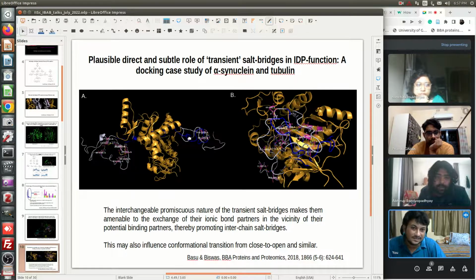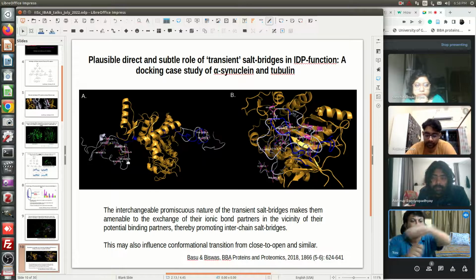Interestingly enough, this region itself does not harbor any charged residues. The charged residues are on the terminal domains, and alpha-synuclein, in its dynamic trajectory, starts with an open conformation and then gradually tries to close, and that preference is significantly enhanced if you put in the system the tubulin correctly docked at the docking site.